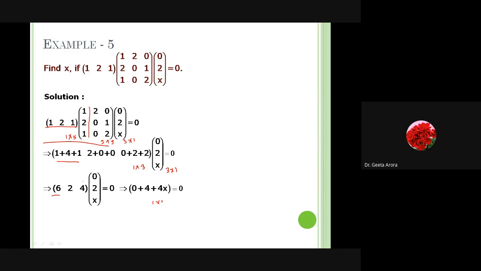So it is 6 into 0 plus 2 into 2 plus 4 into x. It means we have 0 plus 4 plus 4x is equal to 0. And finally on solving, we get 4 plus 4x equals 0, or 4x is equal to minus 4. That gives me x is equal to minus 1. Correct? I have just dictated it, but you have to use your pen and paper.